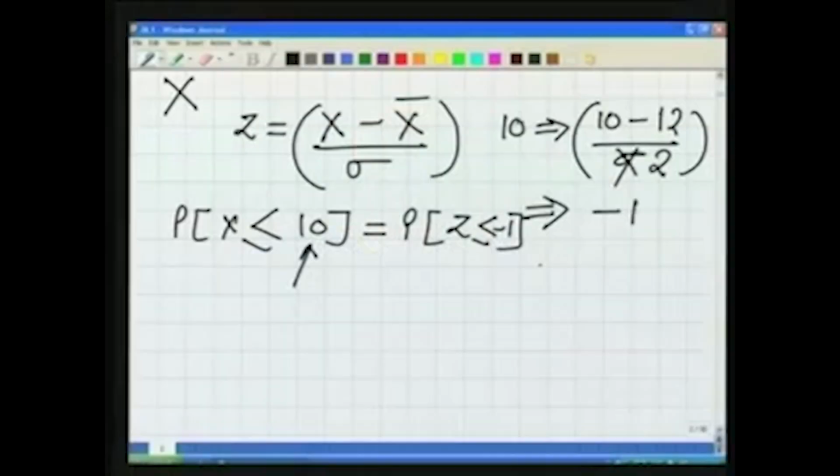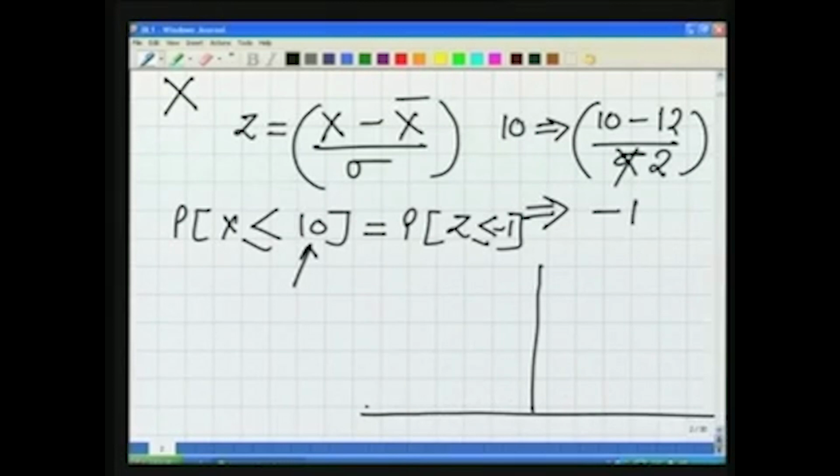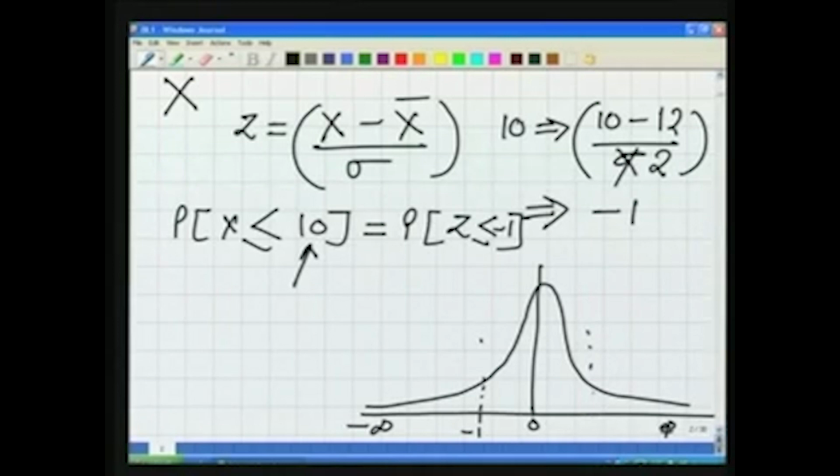If I draw my standard normal curve, this is how it will be, from minus infinity to plus infinity. The mean here is 0, and the standard deviation is minus 1 and plus 1 here.